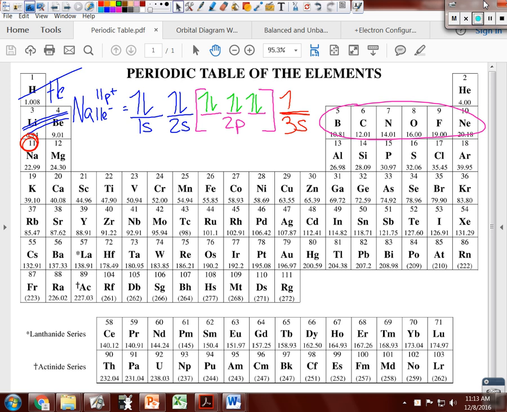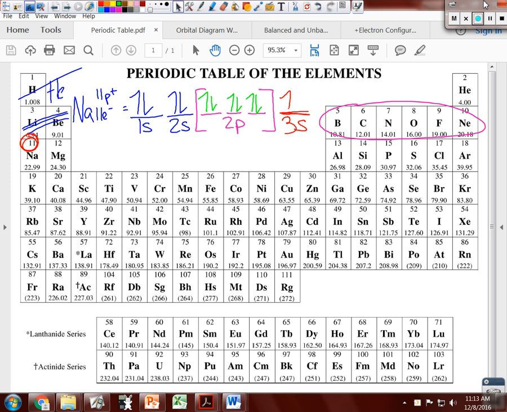Number 3. Number 3, which is the third arrow, is in the second row, S block. That's 3 and 4. So 1, 2, 3, 4. You with me? When I go to my fifth arrow, notice where it is. It's in the 2p, right? That's because it's on the second row and in the P block. So what you're really doing is just counting all along the periodic table.